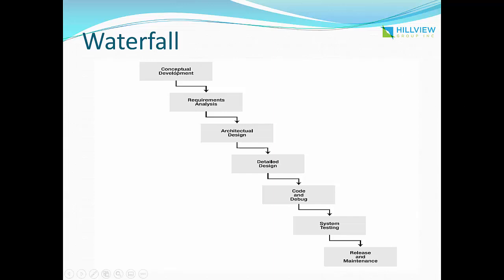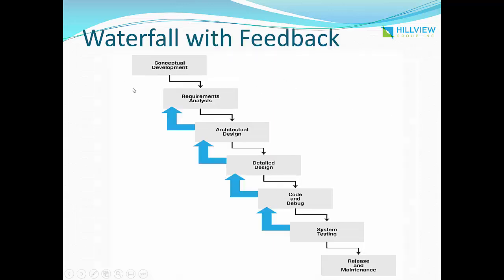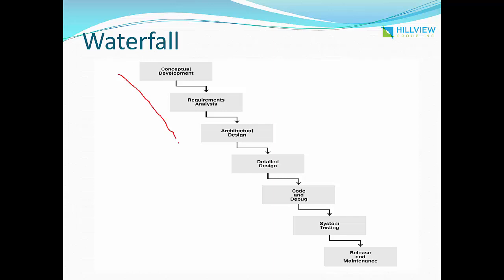You can see that it looks like there's a waterfall if you look at the way the phases are laid out and the direction they go. That's where it derives its name from.